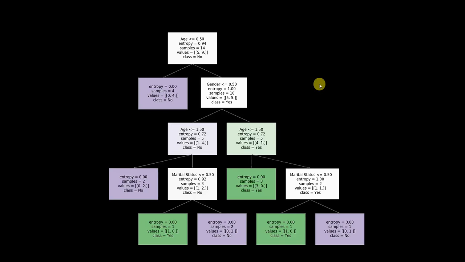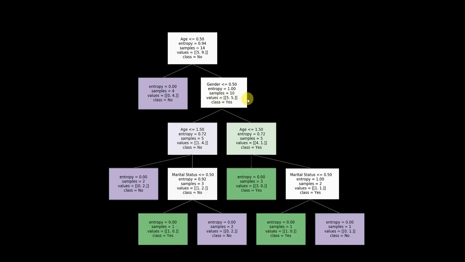What is entropy? It controls how a decision tree decides to split the data into the intermediate nodes, and it affects how a decision tree draws its boundaries. That is entropy.